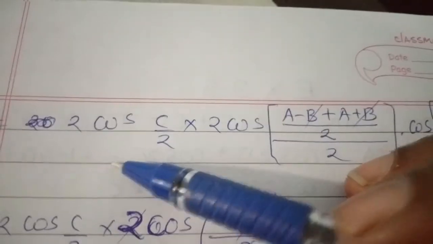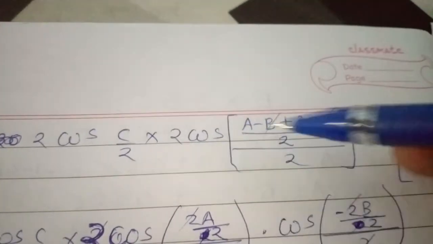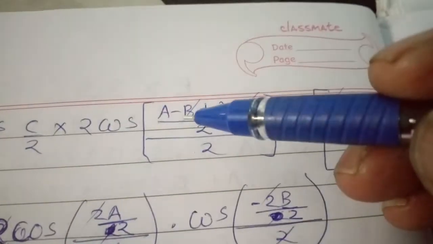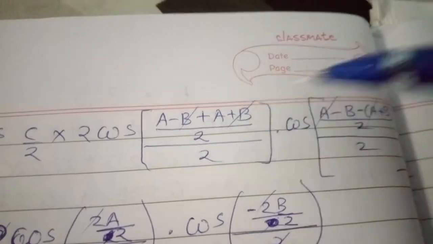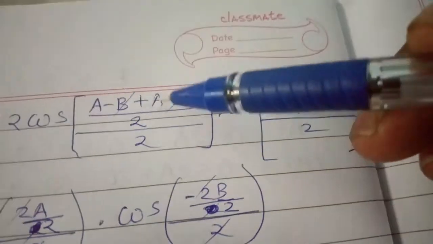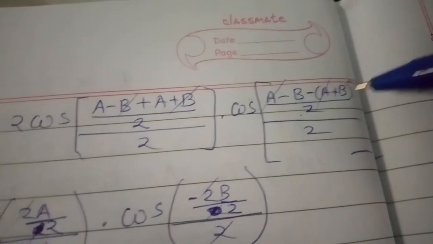And the next step we get 2 cos(c/2) into 2 cos. Taking the LCM, the b cancels with this b, and a cancels with this minus a. So finally we get 2a here and minus 2b here.